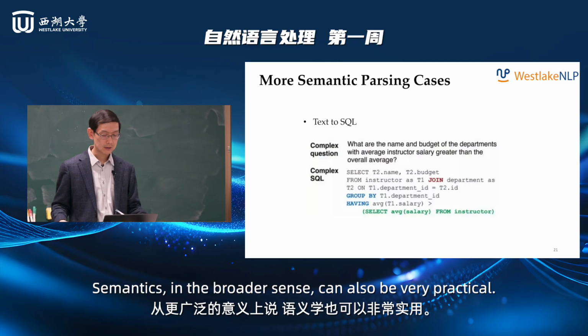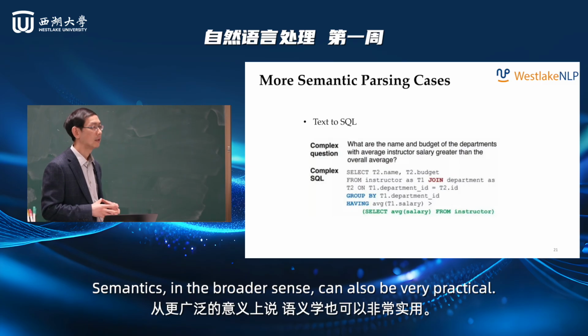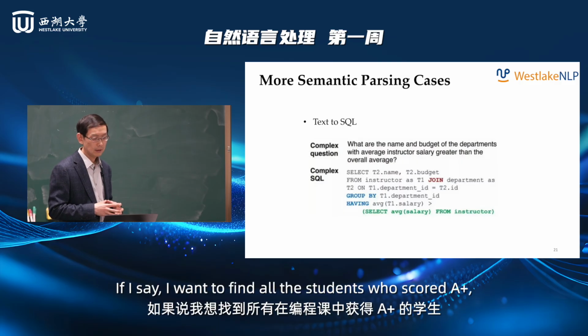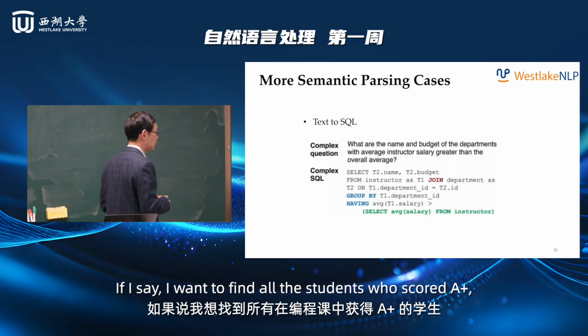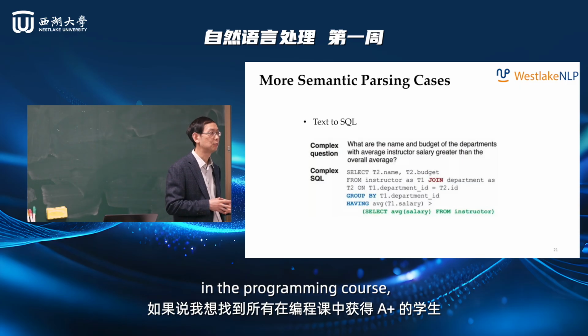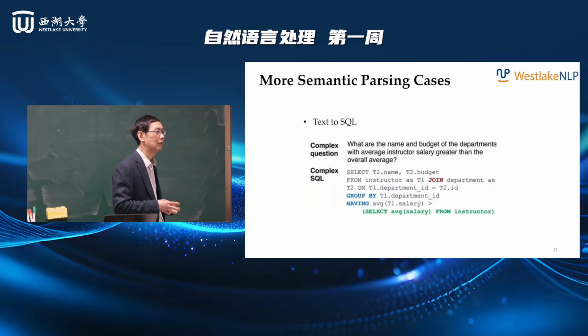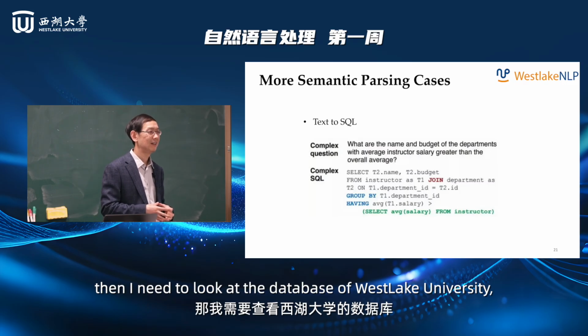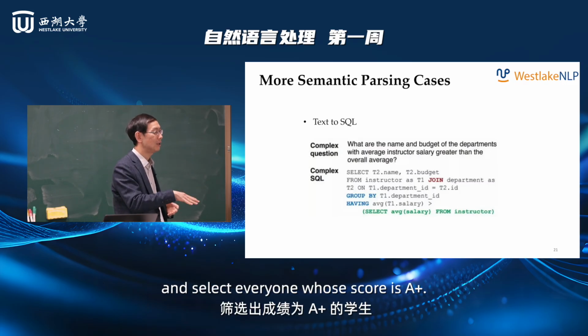All right, semantics in the broader sense can also be very practical. Say, if I say, I want to find all the students who scored A+ in the programming course, okay, then I need to look at the database of Westlake University, okay, and select everyone whose score is A+.